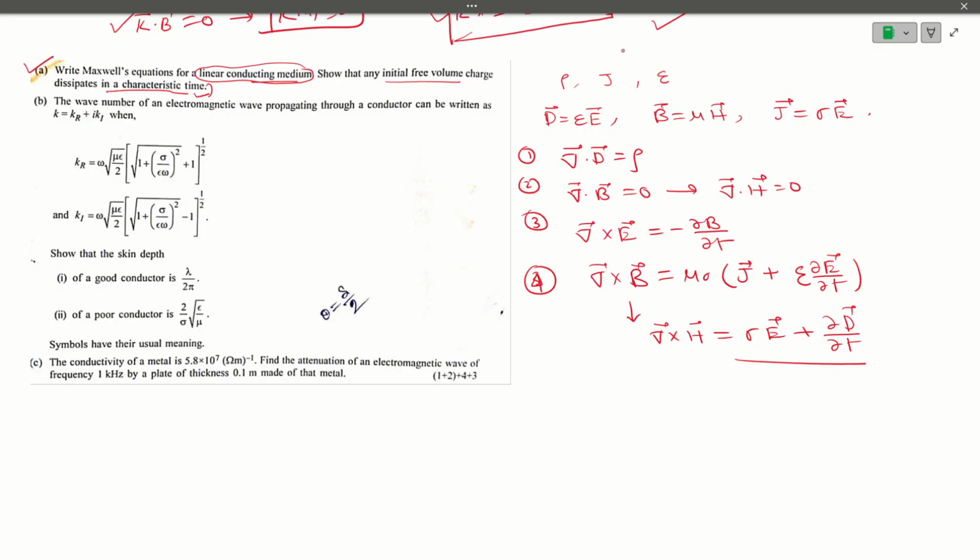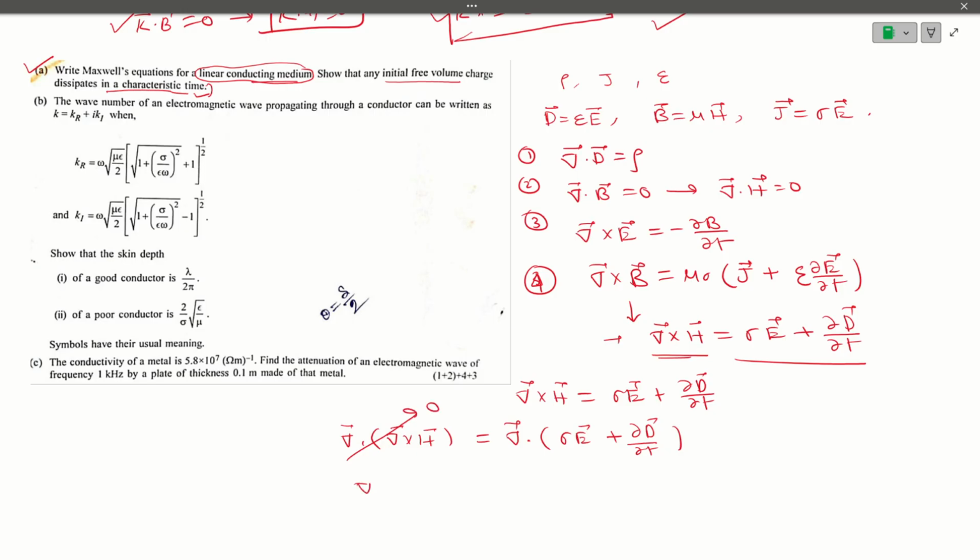Okay. Now we have to show the initial free volume charge dissipates in a characteristic time. So we have the fourth Maxwell's equation, that is curl H equals sigma E plus del D del T. So take the divergence on both sides. Divergence of curl H equals divergence of sigma E plus del D del T. Okay. And divergence of the curl of any vector field will be 0.